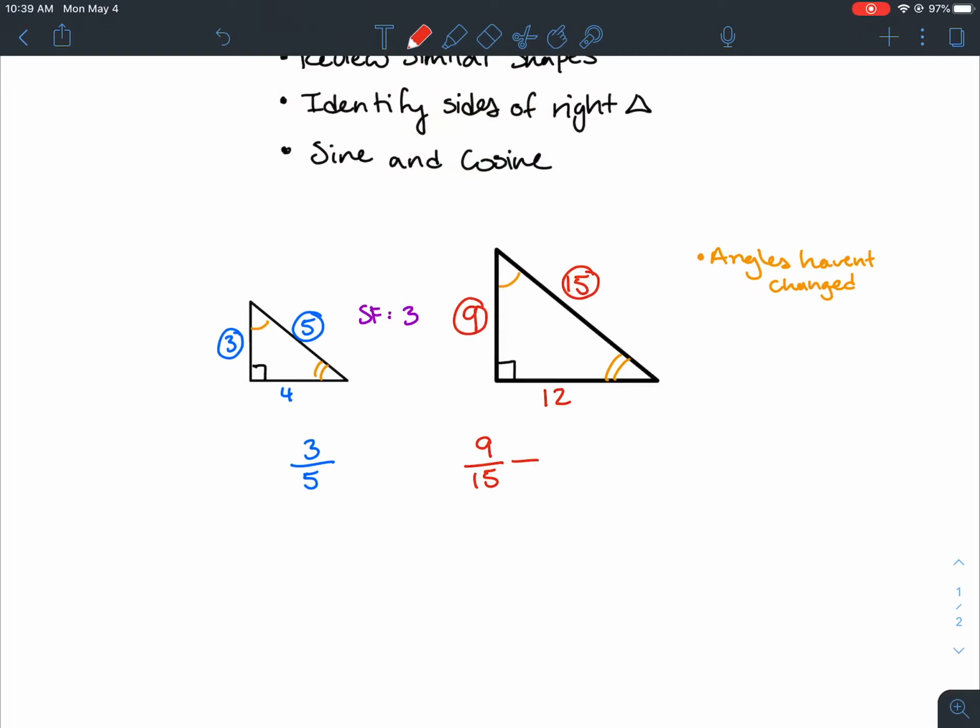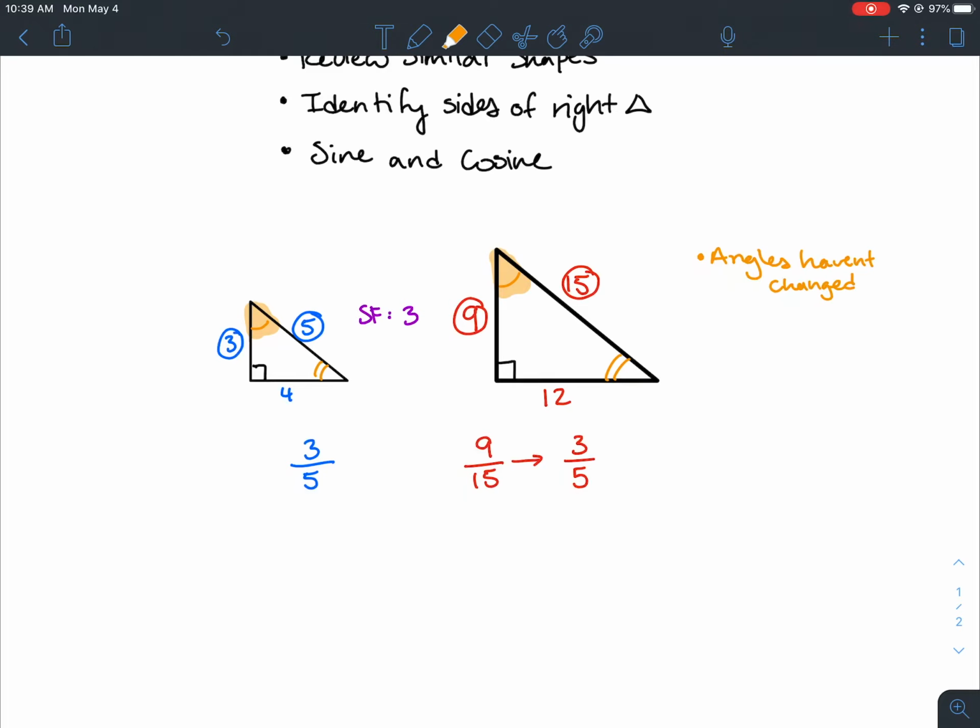Well, 9 and 15 just reduces down to 3 and 5. So what we can say is, if these two sides in any triangle reduce down to 3/5, then we know exactly that only corresponds to that particular angle right there.